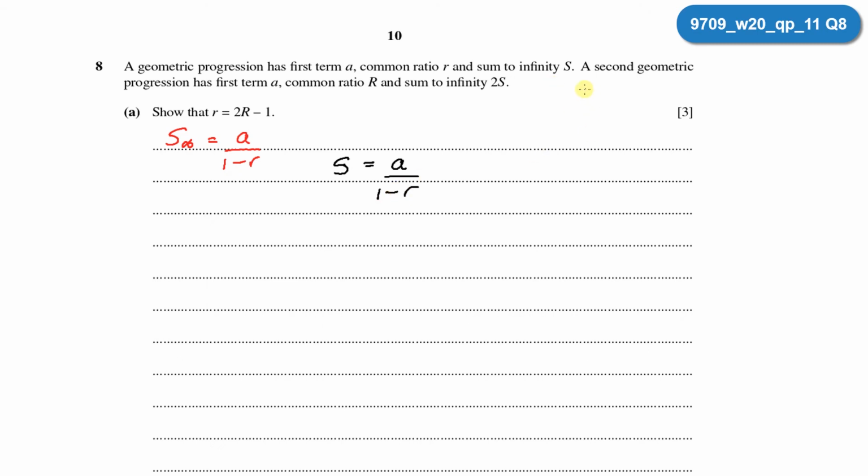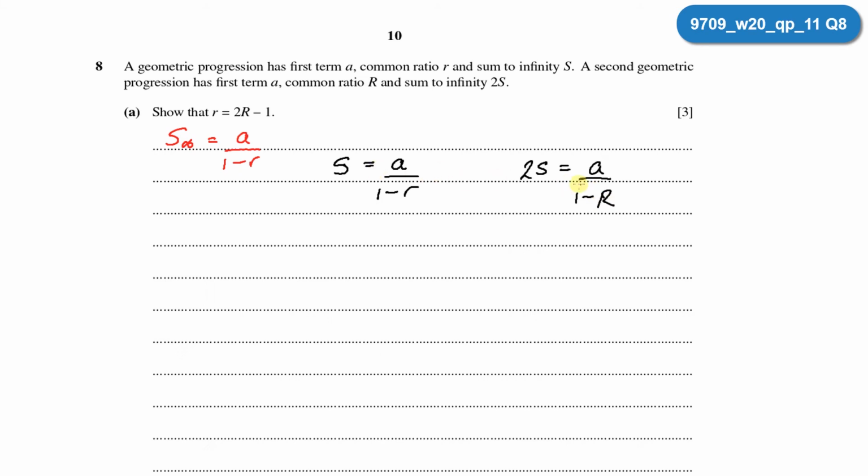The second progression has sum to infinity 2s, so 2s is equal to a over 1 minus capital R.